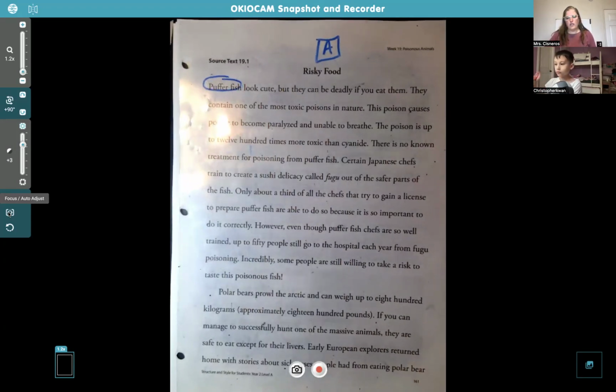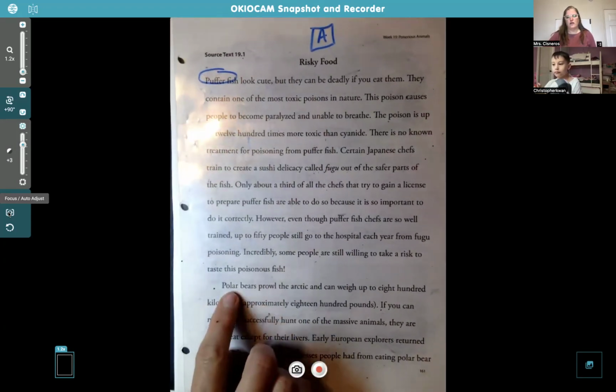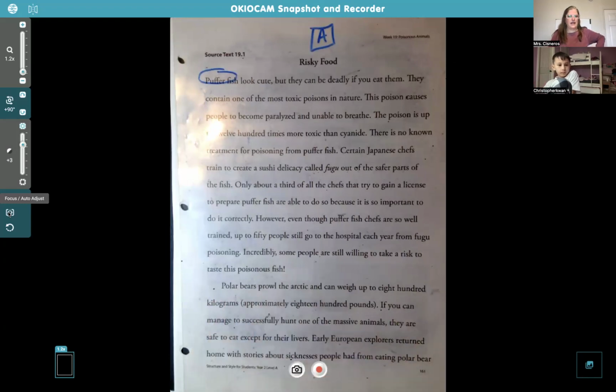I'm just going to read the first sentence. Actually, I want you to read the first sentence. So look at this one down here. Read the first sentence and then tell us what animal it's talking about. In the second paragraph, yeah, right here. Polar bears thrive in the Arctic and can weigh up to 800 kilograms, approximately 1,800 pounds.